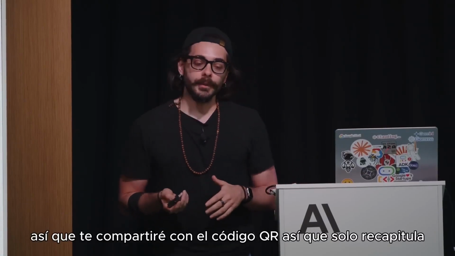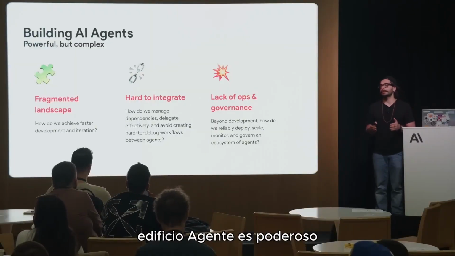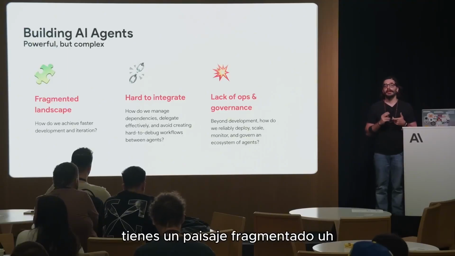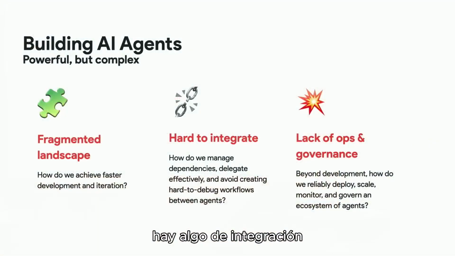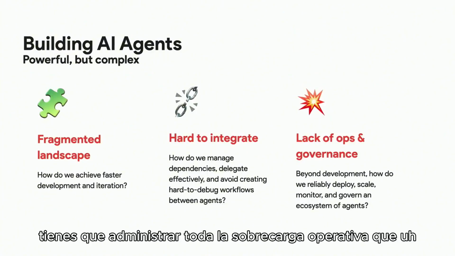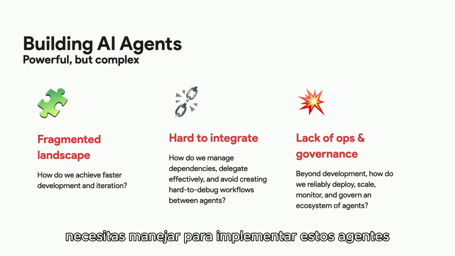So, just to recap, we started from these three main problems, right? Building agents is powerful, but there are several challenges when you want to put them in production. You have a fragmented landscape. There is some integration complexity that you need to manage. And even if you're capable of fixing this, you have to manage all the operational overhead that you need to handle in order to deploy these agents.